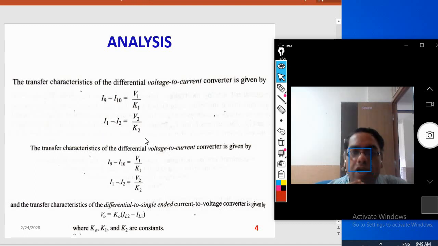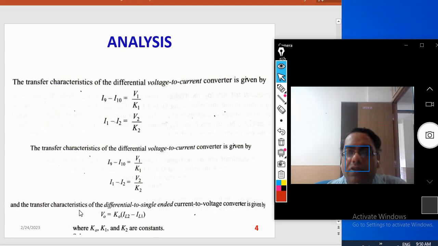K1 and K2 are the conversion constants, they are just constants. Similarly, for the differential voltage to current converters, we can write I9 minus I10 equals V1 by K1 and I1 minus I2 equals V2 by K2.